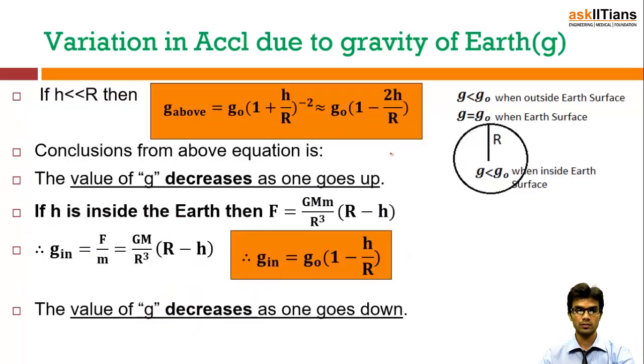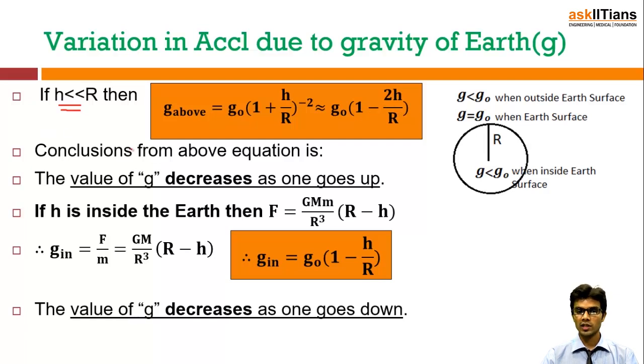Now if h is much smaller than R, in that case g at height h is equal to g naught into (1 plus h by R) power minus 2. So it can be approximated as g naught into (1 minus 2h by R).